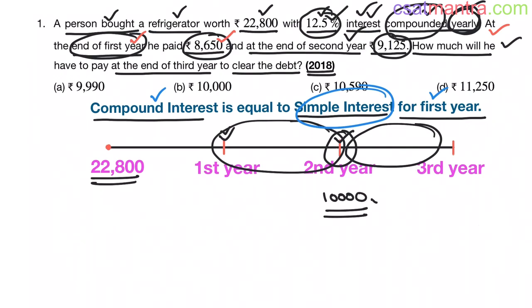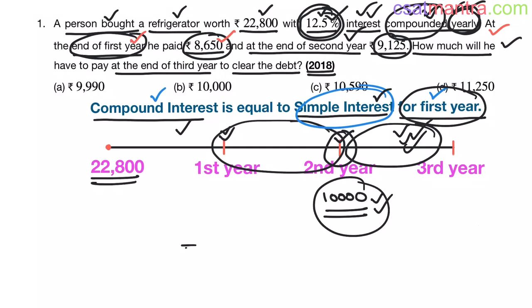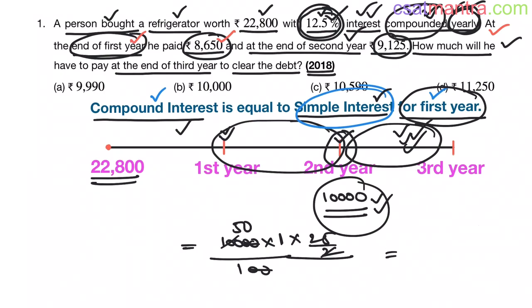Now 10,000 is the principal amount at this point, and this duration is going to be the first year for this amount my friends. Okay, and interest is compounded yearly at 12.5%. So compound interest is equal to simple interest for first year. So calculating the simple interest, P is 10,000, N is 1, rate 12.5 is 25 by 2 by 100, double zeros cancel out, 100 by 2, that is 50, so 25 into 5, that is 1,250.